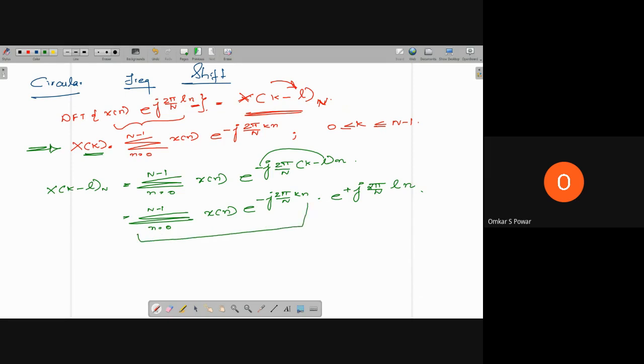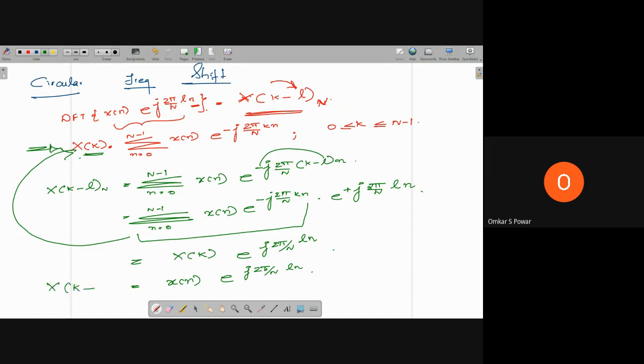How does this formula look? It looks like x of k, right? So this is nothing but x of k into e power j 2 pi by n into ln. So now take IDFT, you'll get x of n e power j 2 pi by n into ln.